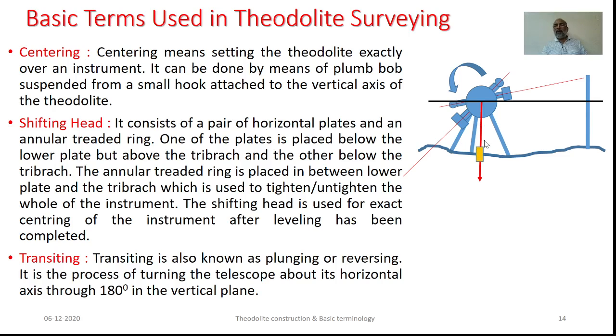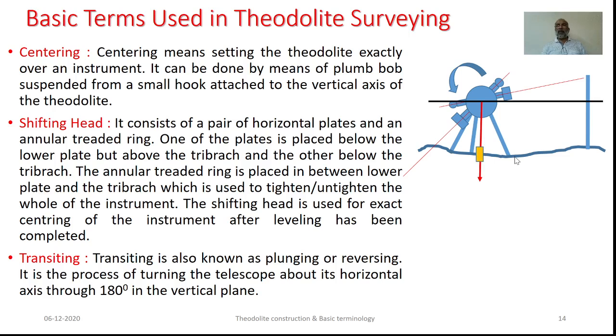Usually, whenever one is interested in centering the equipment exactly over the station under consideration, one makes use of the tripod legs. Next, one makes use of the plumb bob. Thirdly, one makes use of the optical plummet. So, all such operations will help us to center the equipment exactly over that particular station.